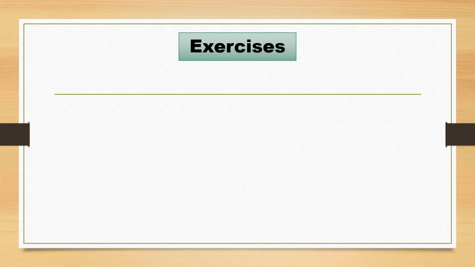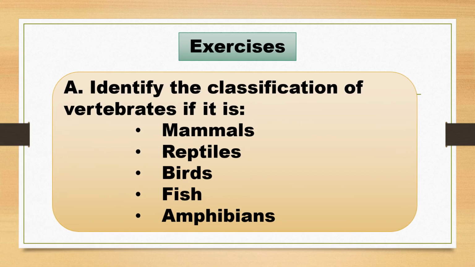Now, we will proceed to your exercises. For your exercise, you are going to identify the classification of vertebrates: if it is mammals, reptiles, birds, fish, or amphibians. Let's start.